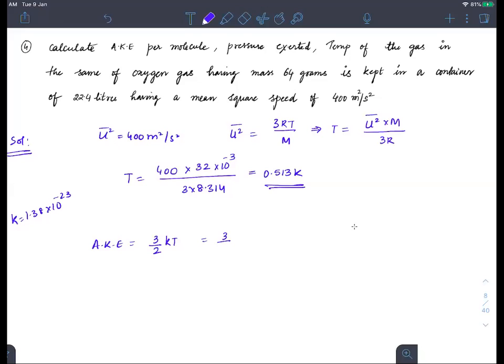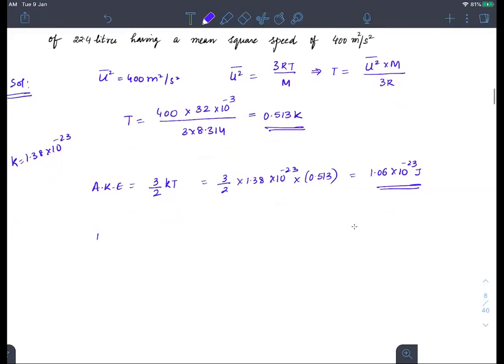So that would be 3 by 2 times 1.38 into 10 raised to the power of minus 23 into temperature 0.513. So that comes to be 1.06 into 10 raised to the power of minus 23 joules. So this is what you will get, average kinetic energy.